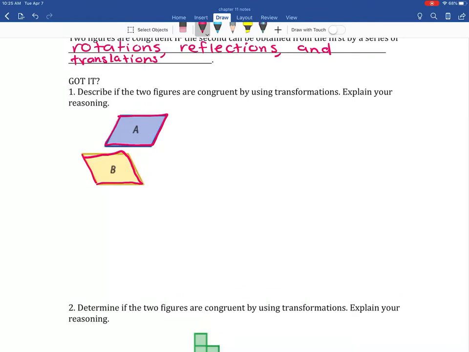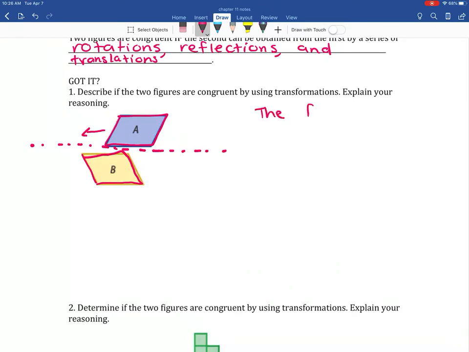What if I reflected A over this line? By flipping it over, I've changed its orientation, and now it's leaning more to the left, just like B is. Then I would have to move it over just a little bit to the left, and it would move right on top of B. You wouldn't be able to tell the difference whether it was A or B.